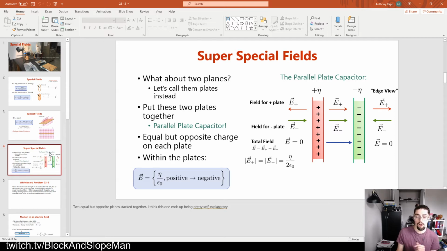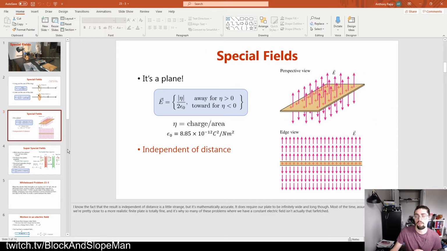Now, I know a few people get a little bit mixed up sometimes about whether this should be the eta of both of these together. Should I take the surface area of both of these? But keep in mind, for just the single plane at once, you would see eta over 2 epsilon naught. Clearly, this one is just the area of the single plane that we've got, or the surface density.